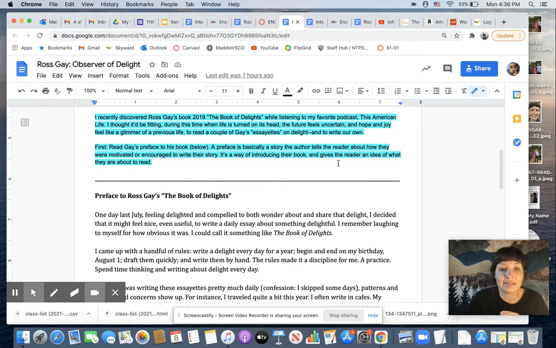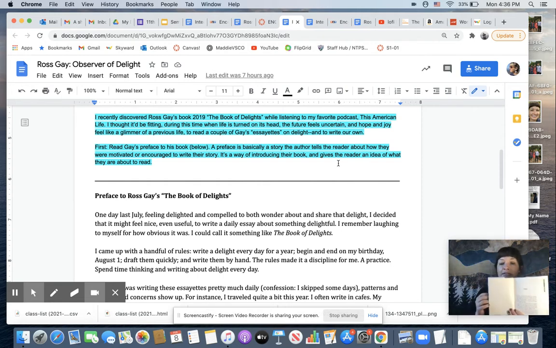A preface is basically a story the author tells the reader about how they were motivated or encouraged to write their story. It's a way of introducing their book and gives the reader an idea of what they are about to read. Okay, so real quick, preface. Some books have a preface, some books don't. This book does, and it's really good at explaining the whole purpose of this book and how it came about.